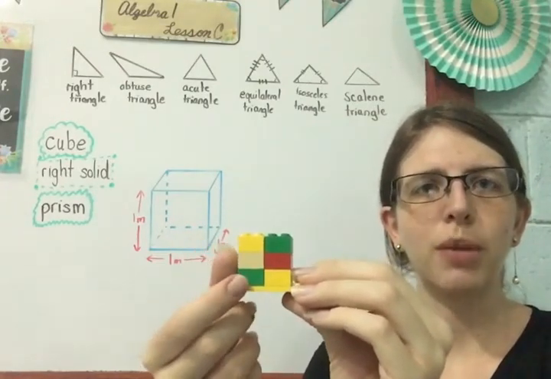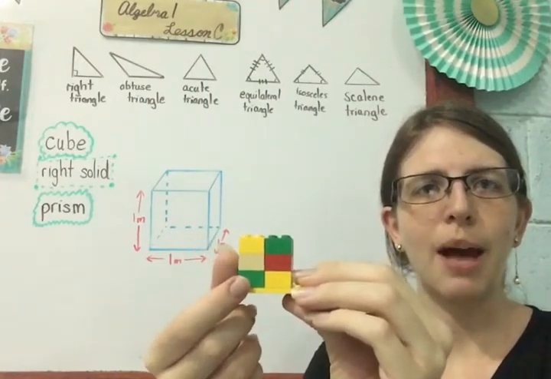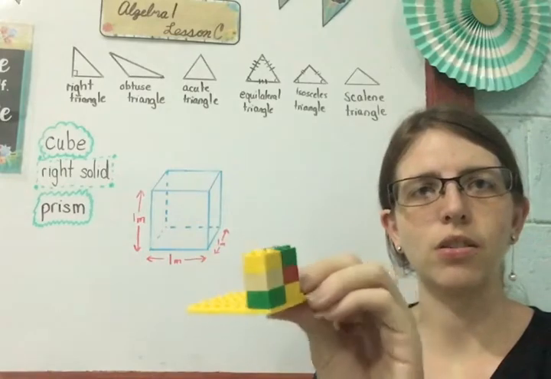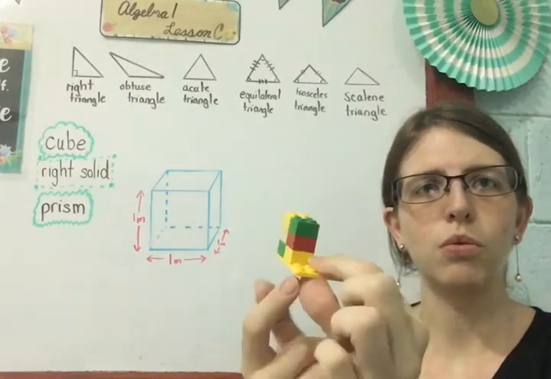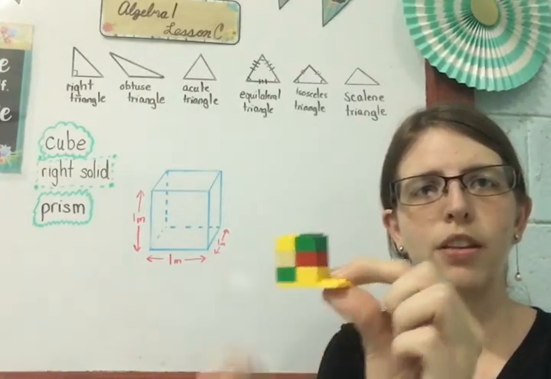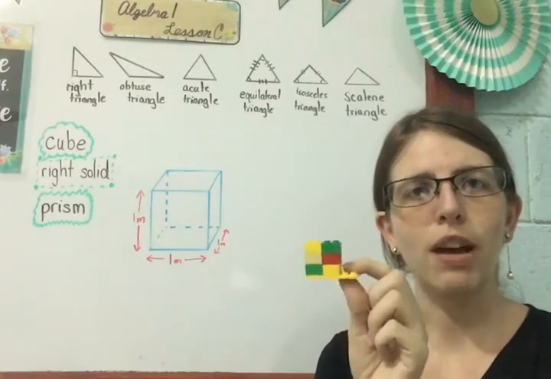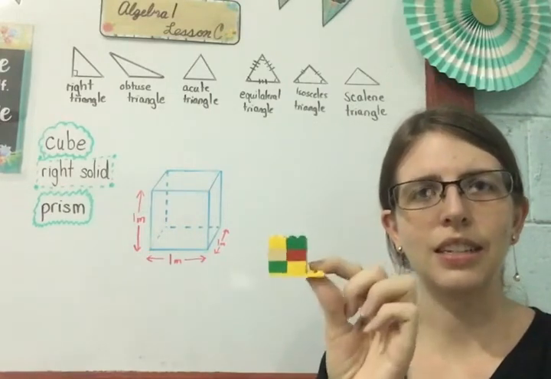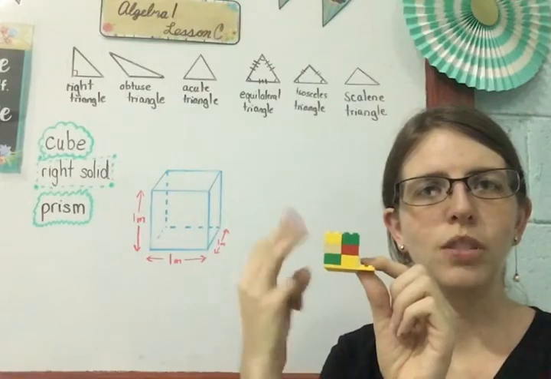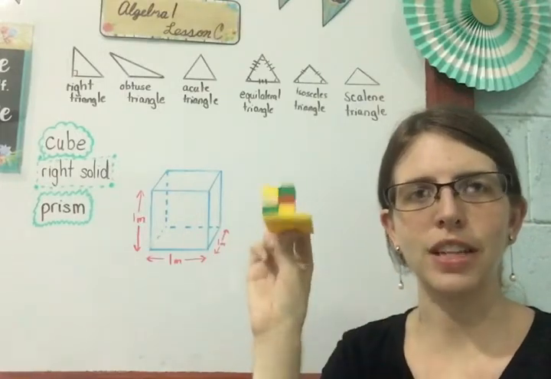Then I need to multiply that by how many layers. So I have 2 on the base, and there's 3 layers. So I have 2 going up, so times 3. So my volume is 6 cubes. 2 times 3 is 6 cubes.